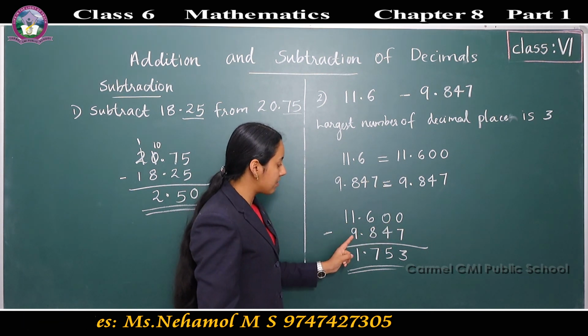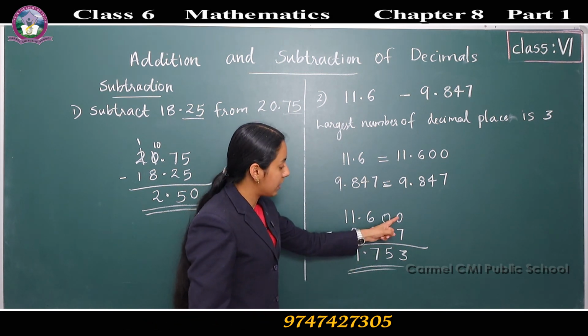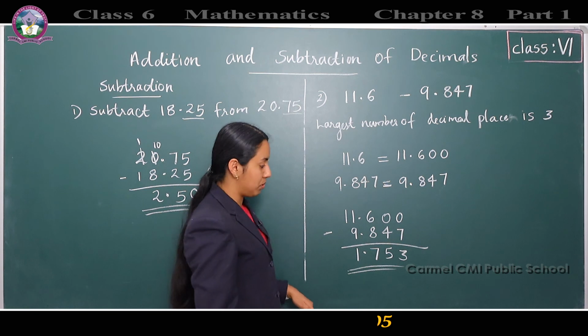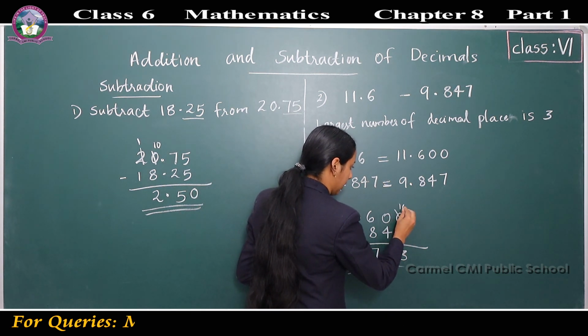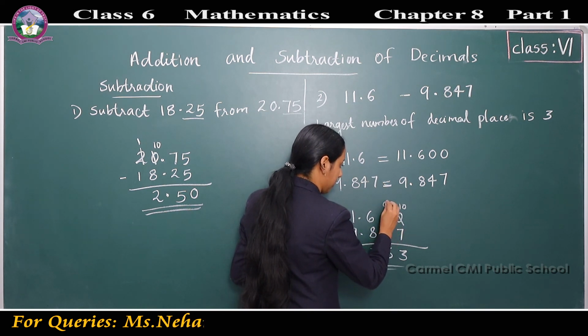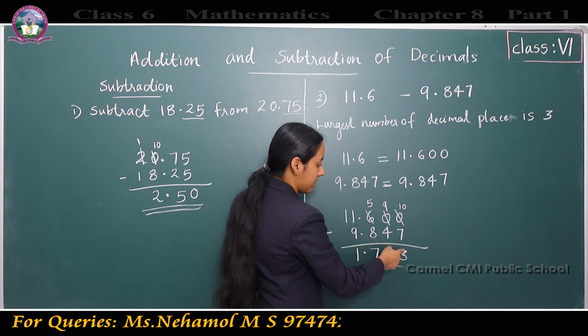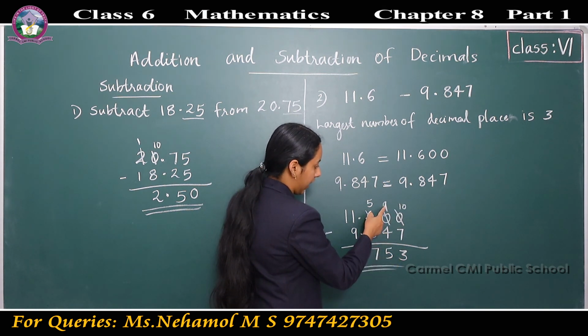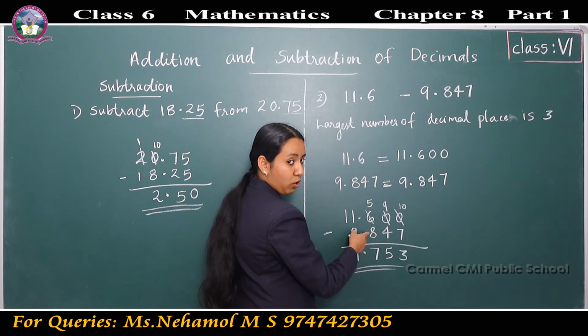11.600 minus 9.847. 0 minus 7 is not possible. We have to take a borrow. Then 0 becomes 10. This 0 becomes 9. 6 becomes 5. 10 minus 7 is 3. 9 minus 4 is 5. 5 minus 8 not possible.